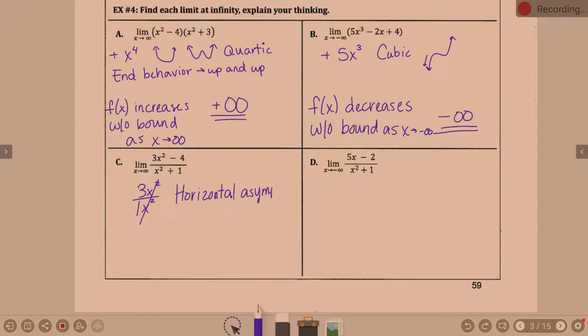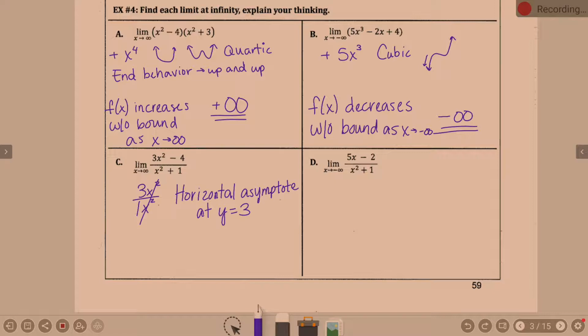Horizontal asymptote at x equals 3, not x equals 3. Strike that. It's not x equals 3, it is y equals 3. Something equals 3, right? Okay, horizontal asymptote at y equals 3.